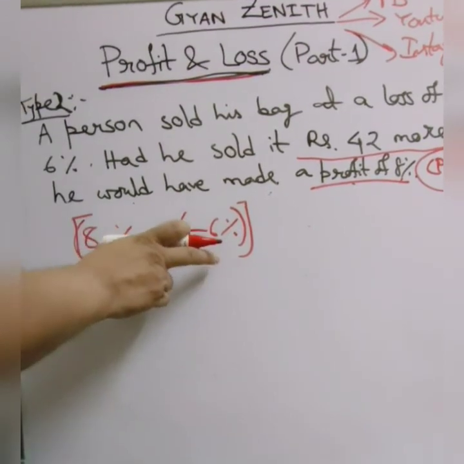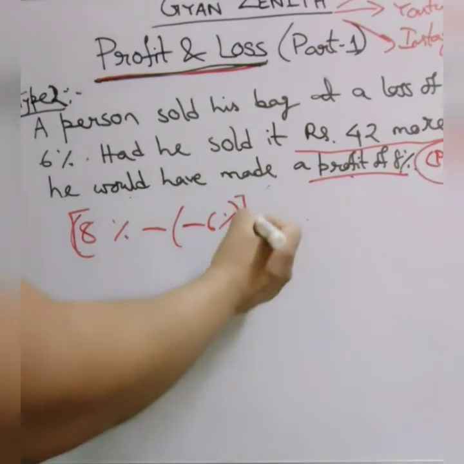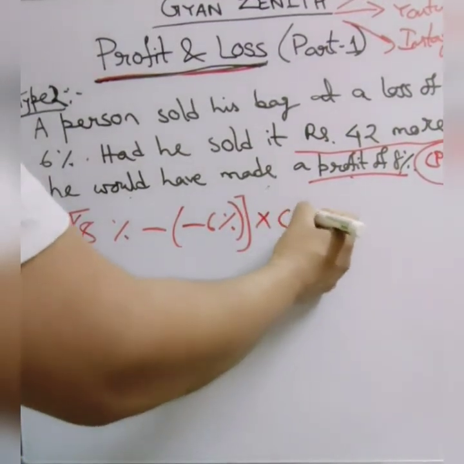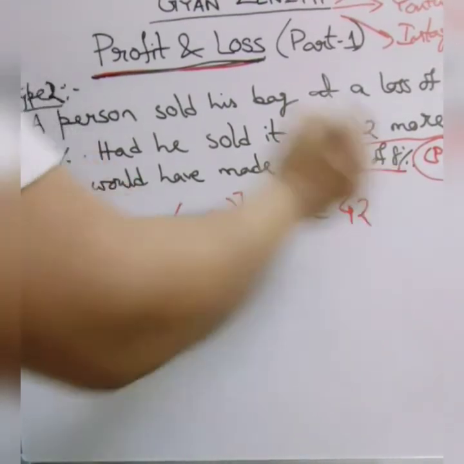So 8% minus of 6% into the CP is equal to my difference, that is 42.